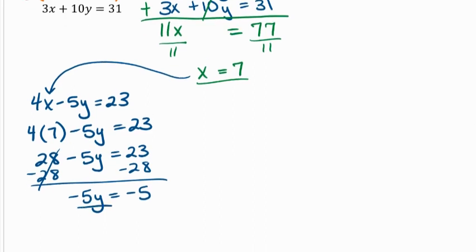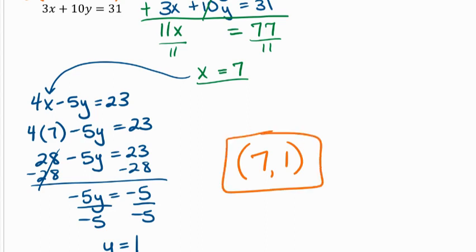I can divide both sides by negative 5, and I get y equals 1. So we've got our x and y values, so we can make our ordered pair. X is 7 and y is 1. And there's our solution to our system.